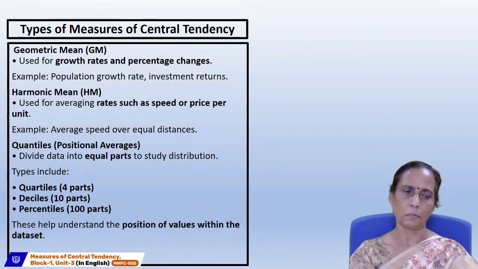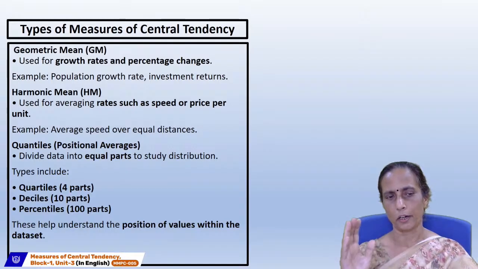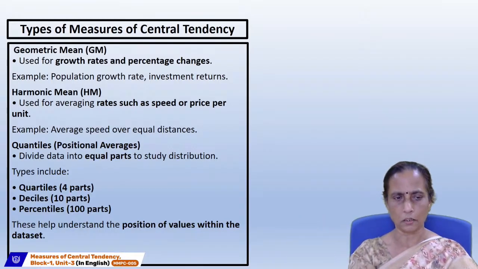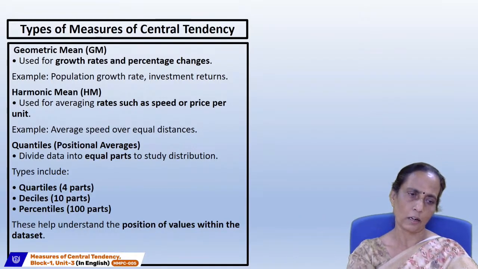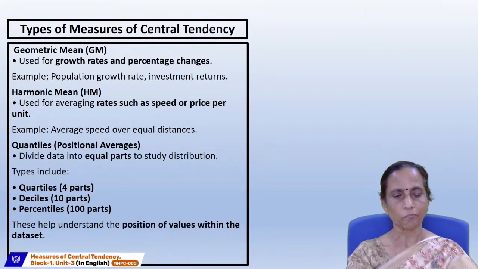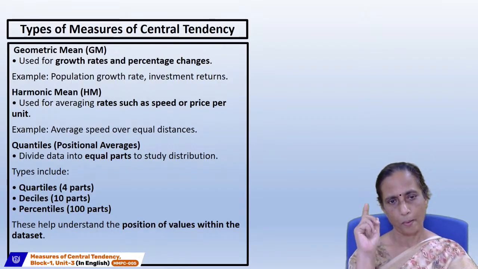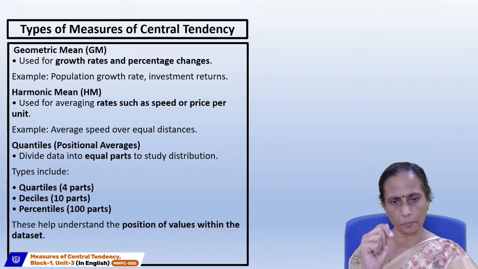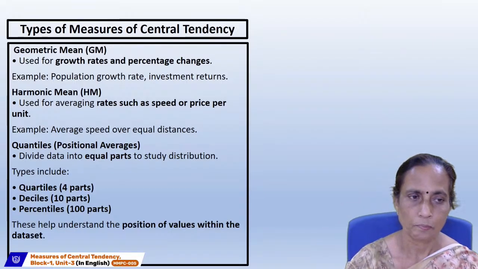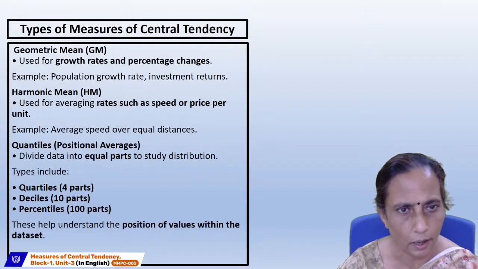So these quantiles may be quartiles, which will be dividing your entire series into four parts, deciles, which will be dividing your entire series into 10 parts, and percentiles into 100 parts. So these help understand the position of values within the data set. Okay, that is the typical value and this is the positional value. So your quantiles are your positional averages.